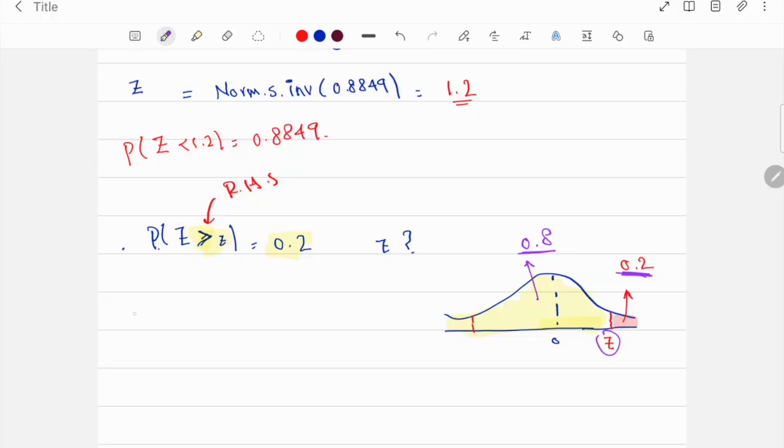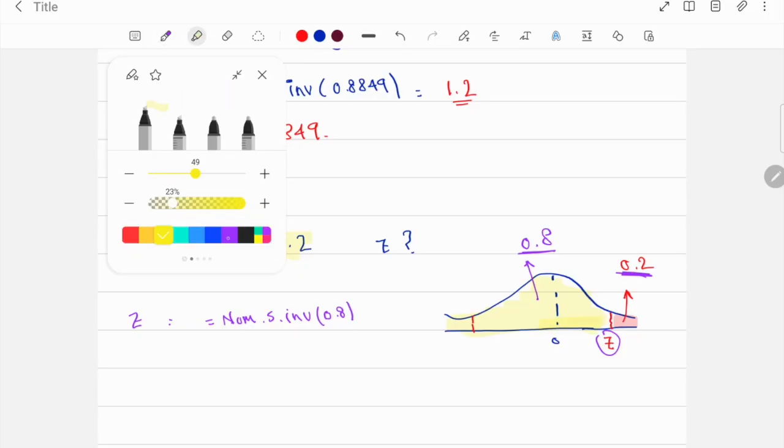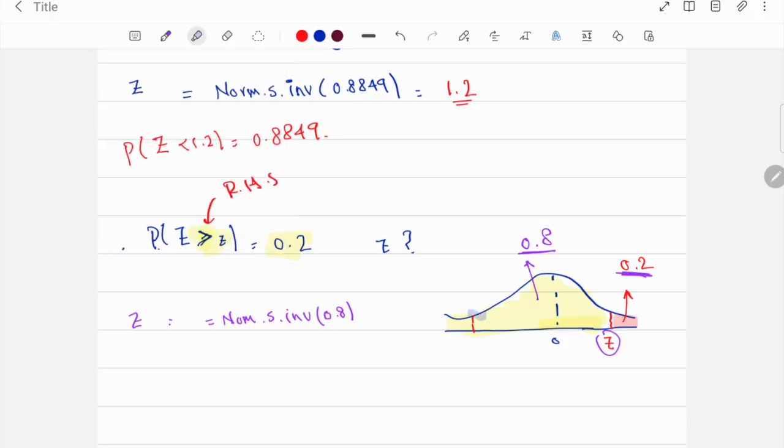So we can say the z value equals NORM.S.INV, not 20%. We're going to plug in 80%. If you plug in 20%, Excel will understand that you are plugging 20% on the left, so it's going to give you the negative z value. So you have to be careful.